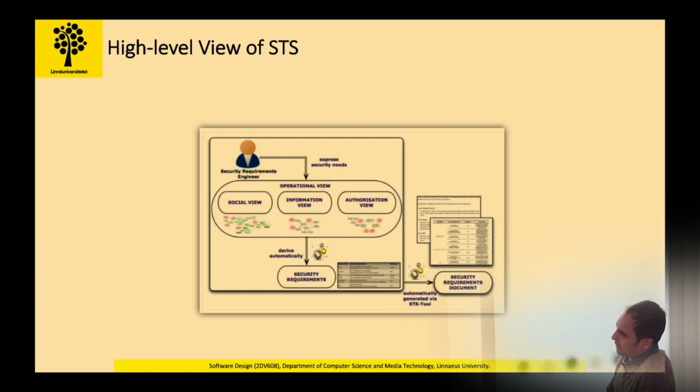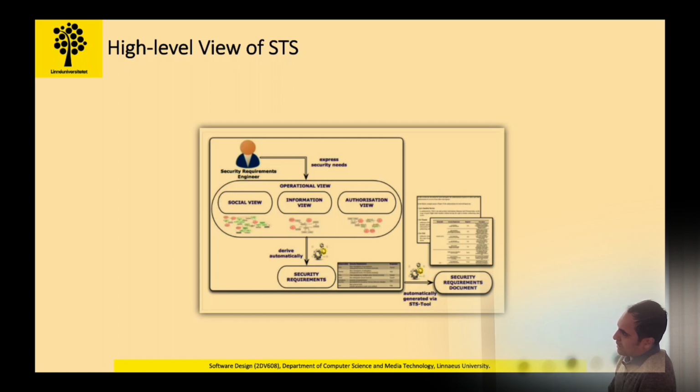Then he also draws the information view, so all those gray boxes are either information or documents. And then he also has the authorization view. So authorization is over the document and or over the delegated goal.